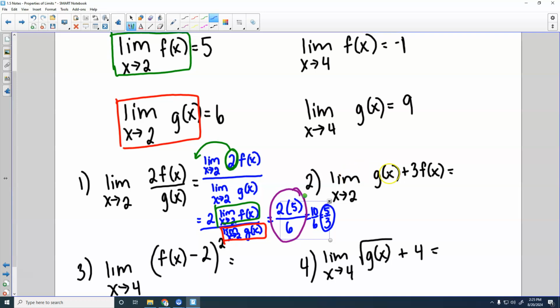So here I've got an addition, so I can take the limit of these two things separately. So I'll be doing the limit as x approaches 2 of g of x. That is 6. And then I've got 3 times, I'm going to take the limit of that f of x. So limit as x approaches 2 of f of x is 5 for that. And so that just gives us 6 plus 15, which is going to give us 21.